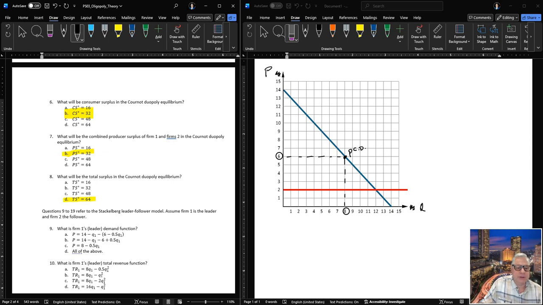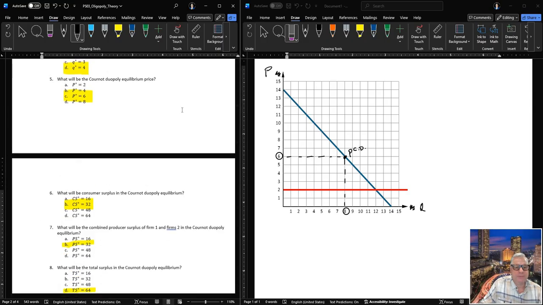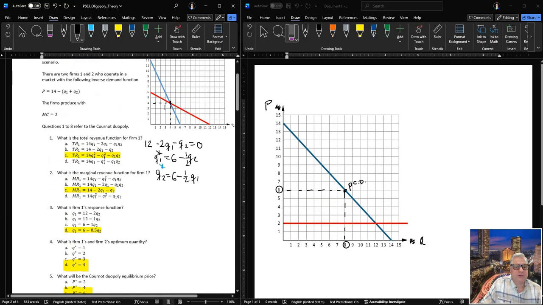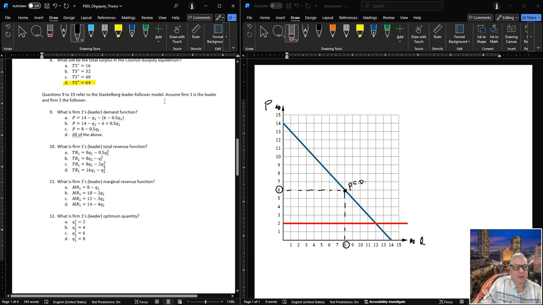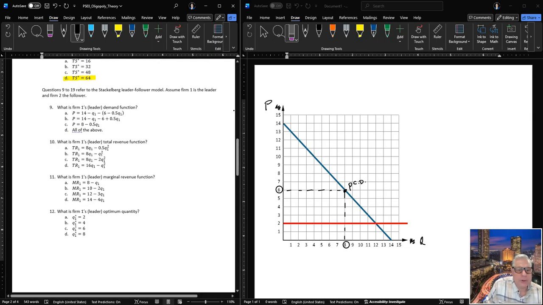And the response of the follower, we said, is 6 minus 1/2 Q1. So Q2's response will always be 6 minus 1/2 Q1.